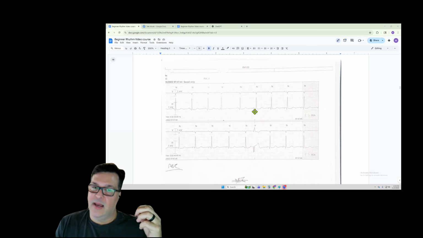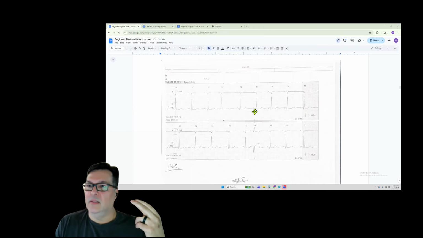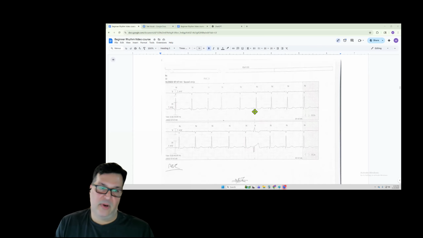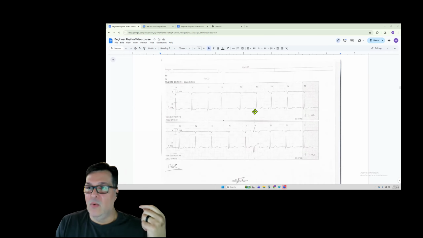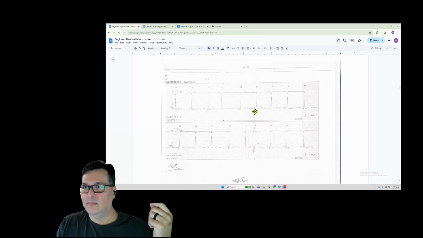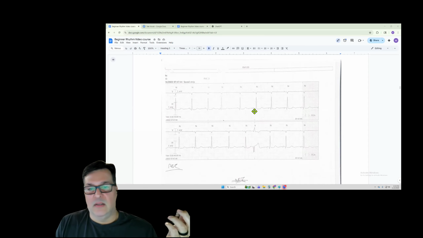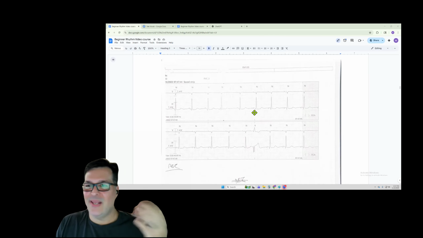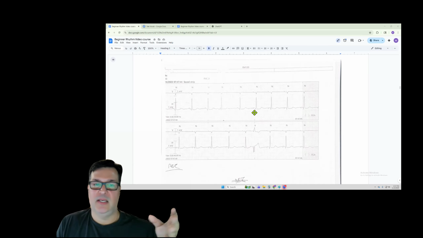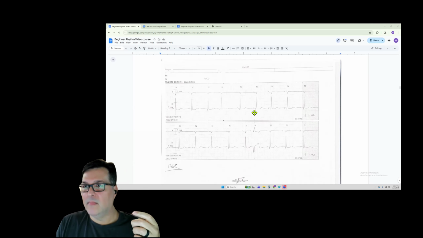That's kind of why I like that triangle example above, just to get used to what lead 2 is going to look like and the deflection. Normally a P wave in lead 2, and this one happens to be 3, but in lead 2 and 3, a P wave will be positive, or should be positive, if this is coming up from the SA node. This one is only because I know it's coming from the lower left atrial chamber. You don't need to know those details, but you just need to see the different P wave.